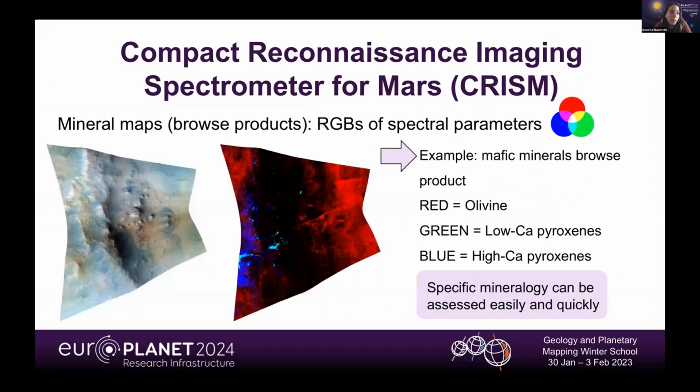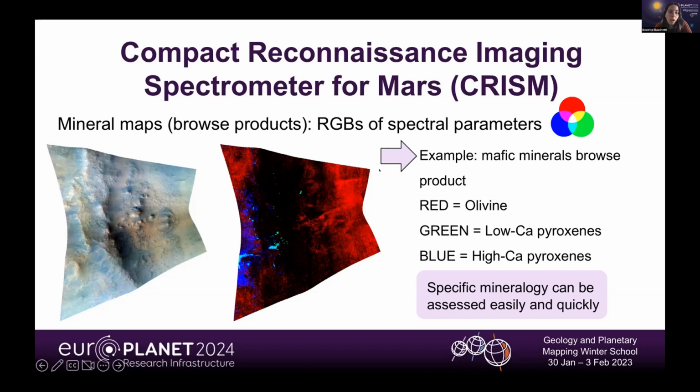And as with other spectral instruments, you can also have mineral maps with CRISM. And in particular, you can have RGB maps, where you combine 3 different spectral parameters, and each color of the RGB is a different spectral parameter related to a certain absorption or a certain mineralogy.